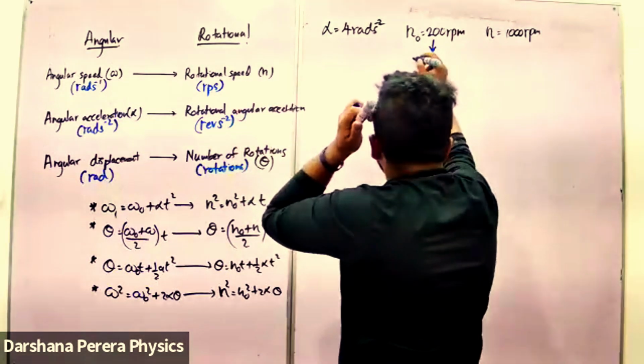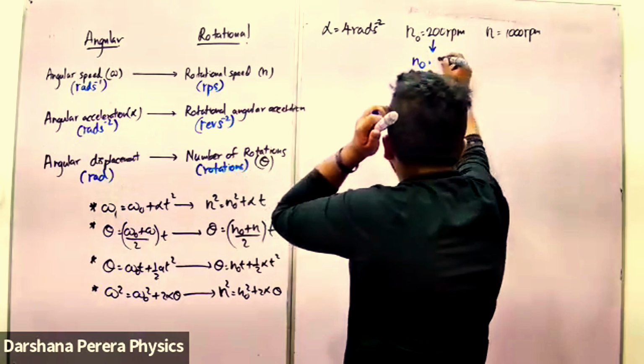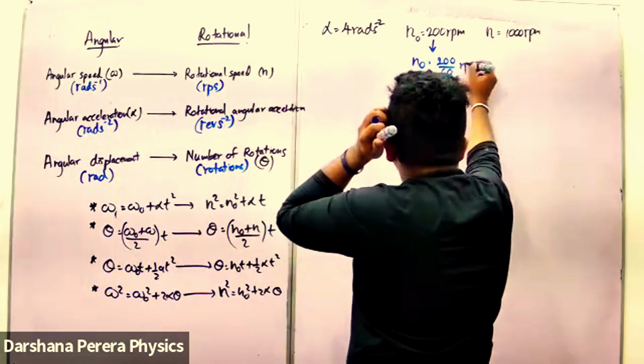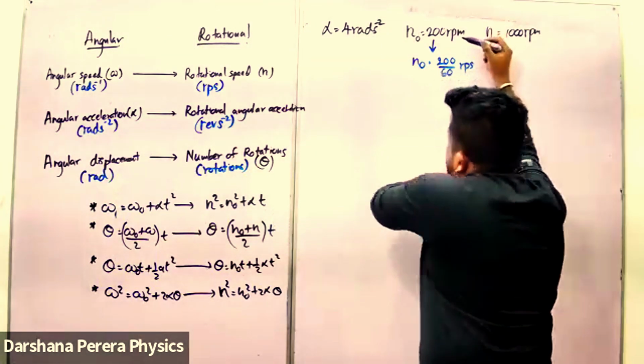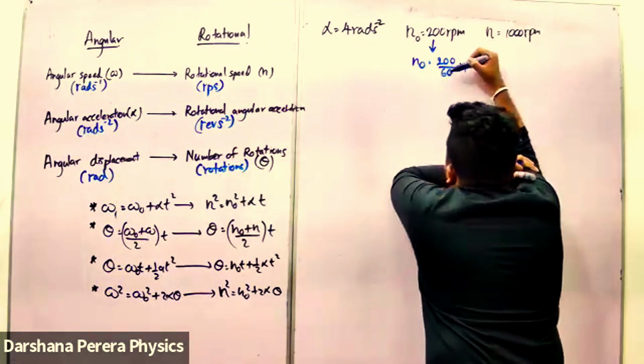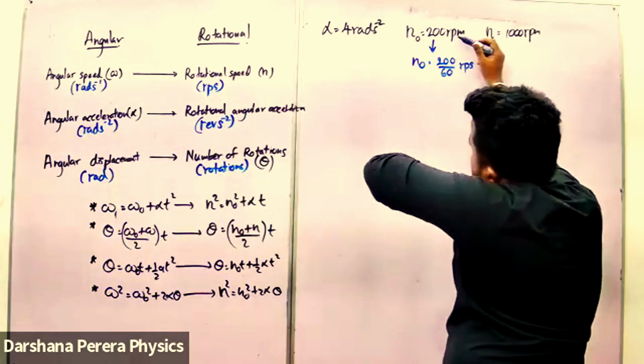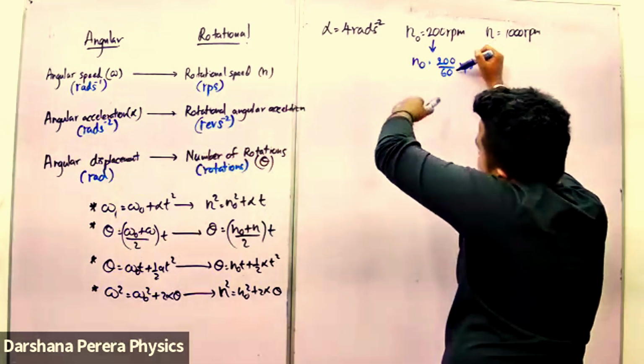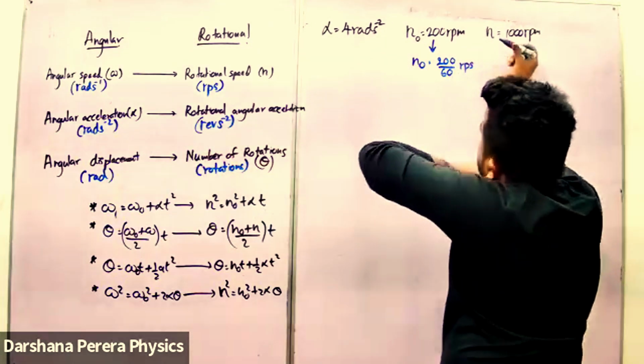n naught equals 20 over 60 RPS. How to transfer the RPM value to the RPS value? RPM means revolutions per minute. We have to divide by 60 to get revolutions per second.